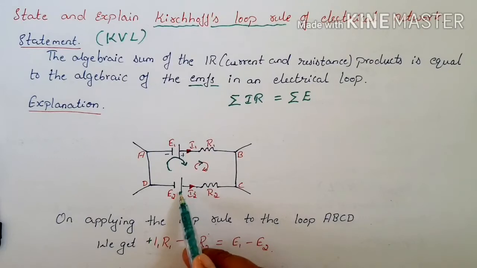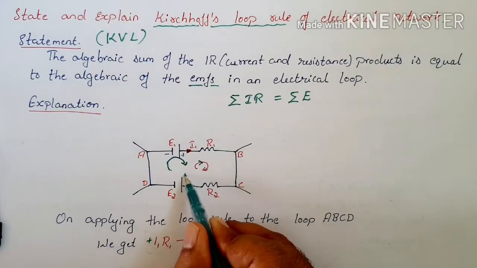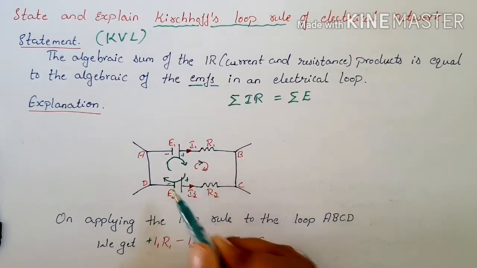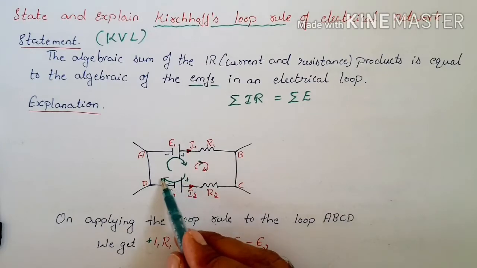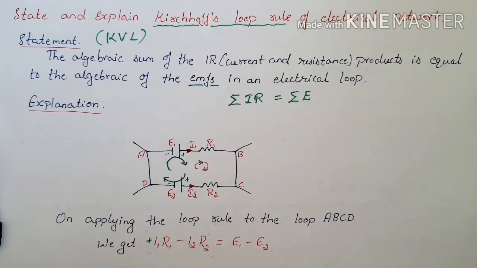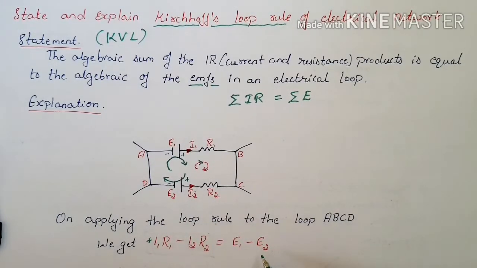But for this cell, the direction of the arrow mark is going from positive to negative, which is opposite, hence this EMF should be taken as negative.